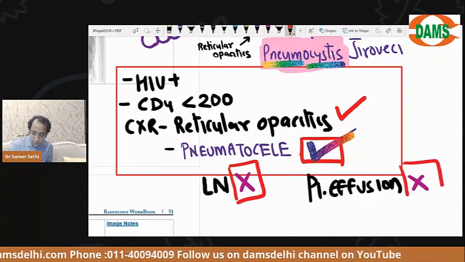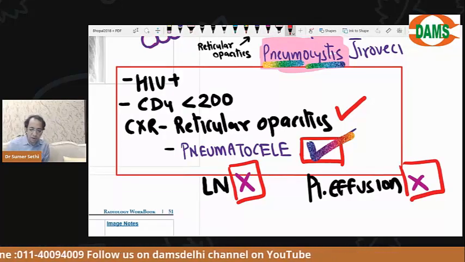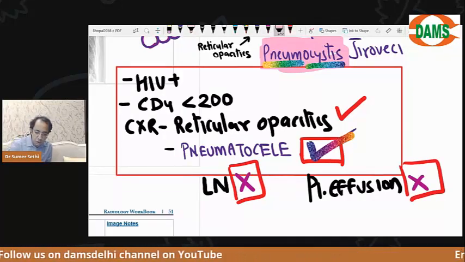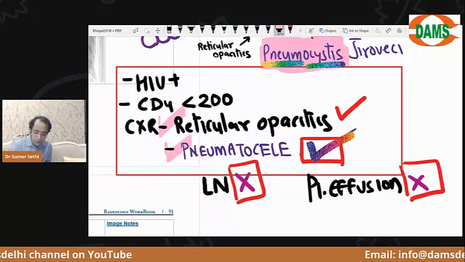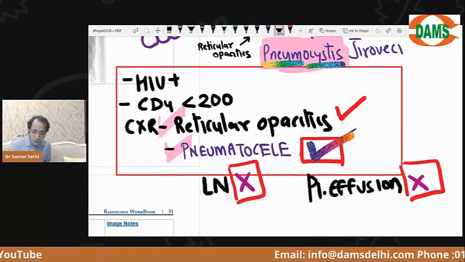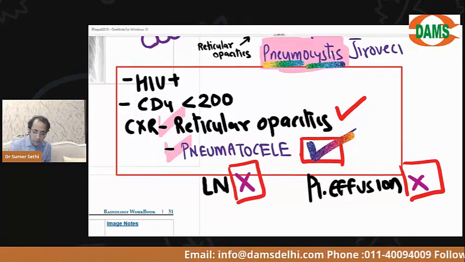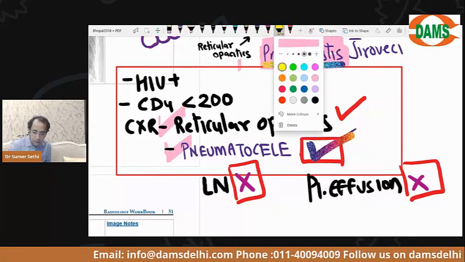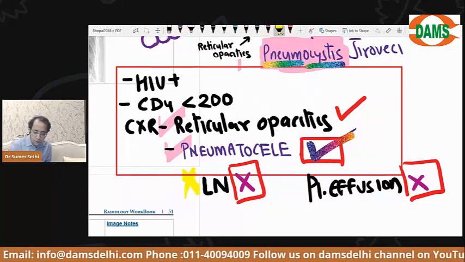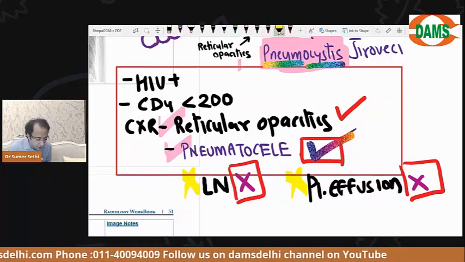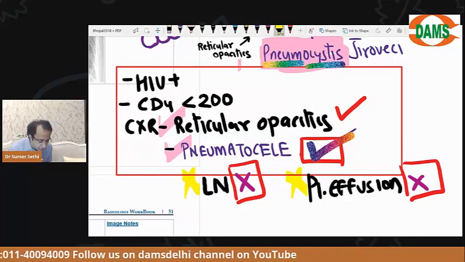So in a patient with AIDS, what findings on a chest X-ray are suspicious for pneumocystis pneumonia? Reticular opacities and pneumatocysts. What is not seen? Lymph node and pleural effusion are typically not seen.